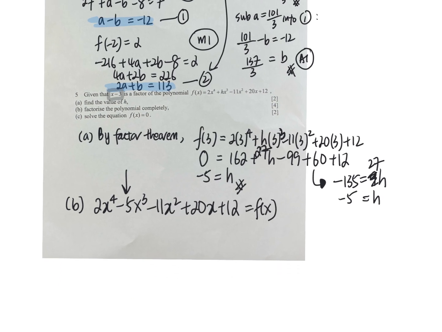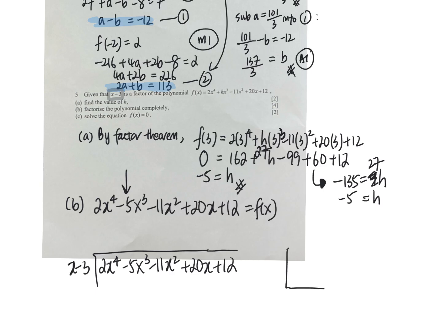So what you can do is you can do your long division. If you don't like long division, you can do your synthetic. So if you do synthetic, you do 2, minus 5, minus 11, 20 and 12.